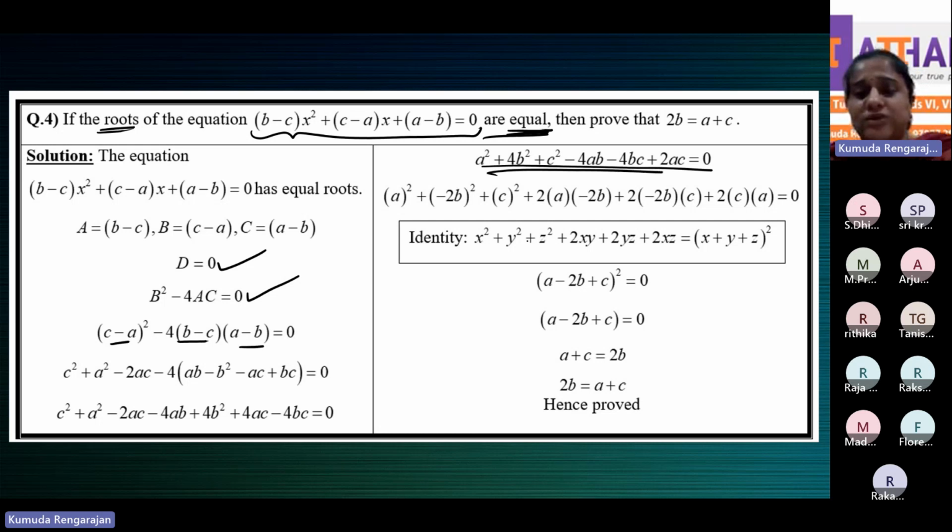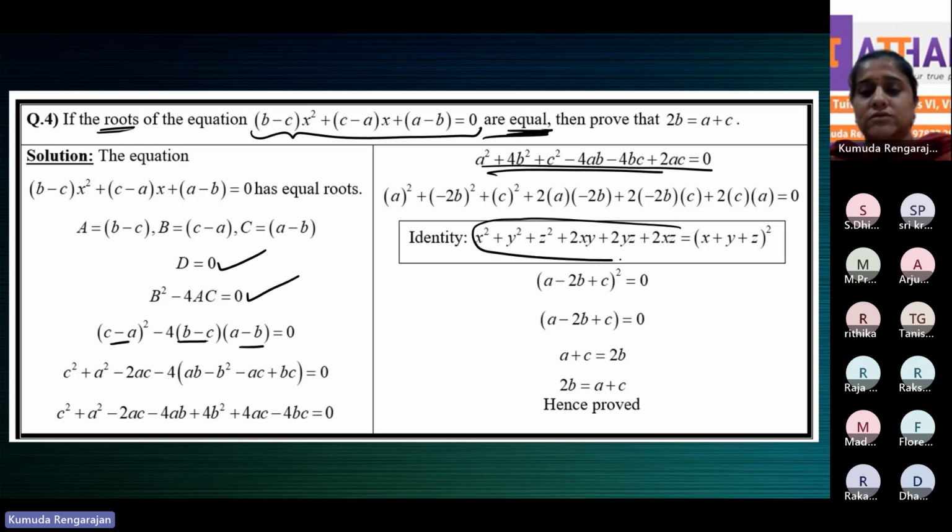This is perfectly of this form, so this can be factorized as x plus y plus z the whole square, where x is a, plus y, which is minus 2b, plus z, which is c, the whole square is equal to 0. So the whole square is equal to 0, that means a minus 2b plus c is also 0. On transposing, a plus c is equal to 2b, or 2b is equal to a plus c.